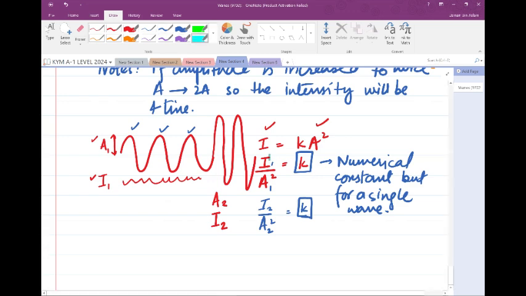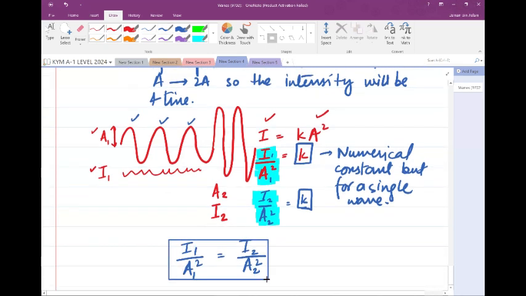That means both the left-hand sides of the equation, I1 over A1 square and I2 over A2 square, are equal to the same value of K. That tells me that I can equate the left-hand sides of both these equations.